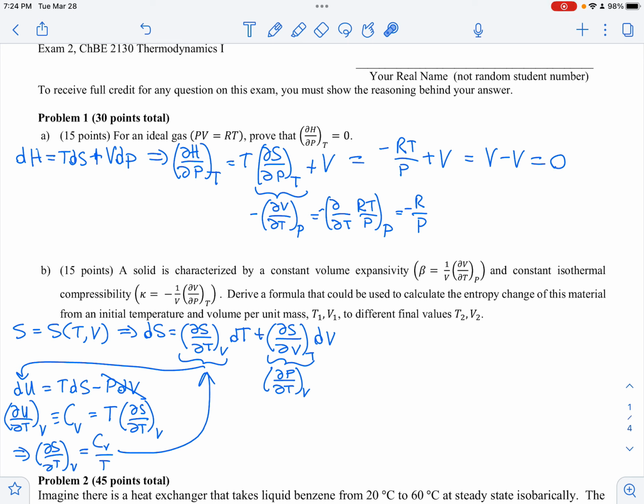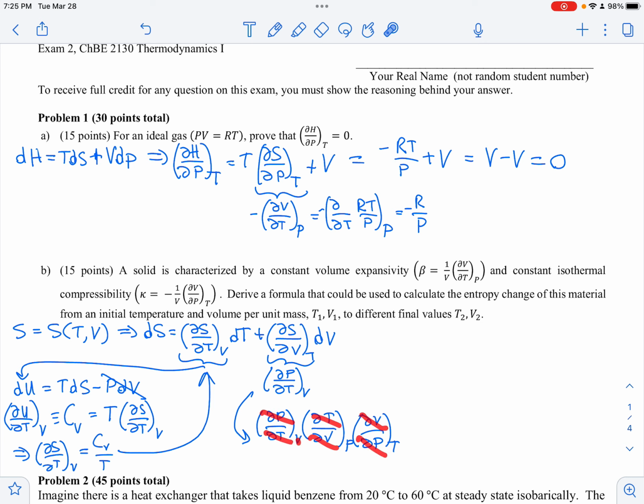So what I did was I looked at the cyclic chain rule. If we're relating P, V, and T, I would say dP/dT at constant V times dT/dV at constant P times dV/dP at constant T. Remember that we look for something that looks like it ought to cancel: T's, P's, and V's.